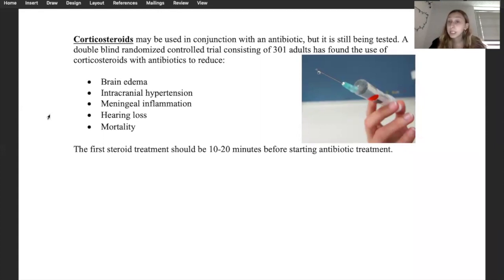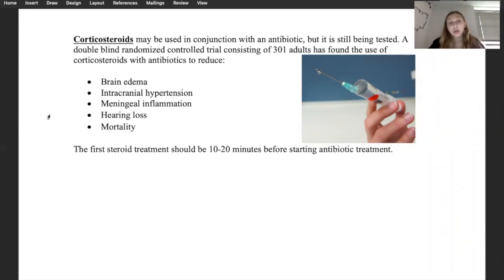Corticosteroids are still being tested, but they have been used in conjunction with antibiotics, and they have been quite helpful. In a double-blind randomized controlled trial consisting of 301 adults, it was found that the use of corticosteroids with antibiotics, not alone, they still need the antibiotics, will reduce brain edema, intracranial hypertension, meningeal inflammation, hearing loss, and even the mortality rate.